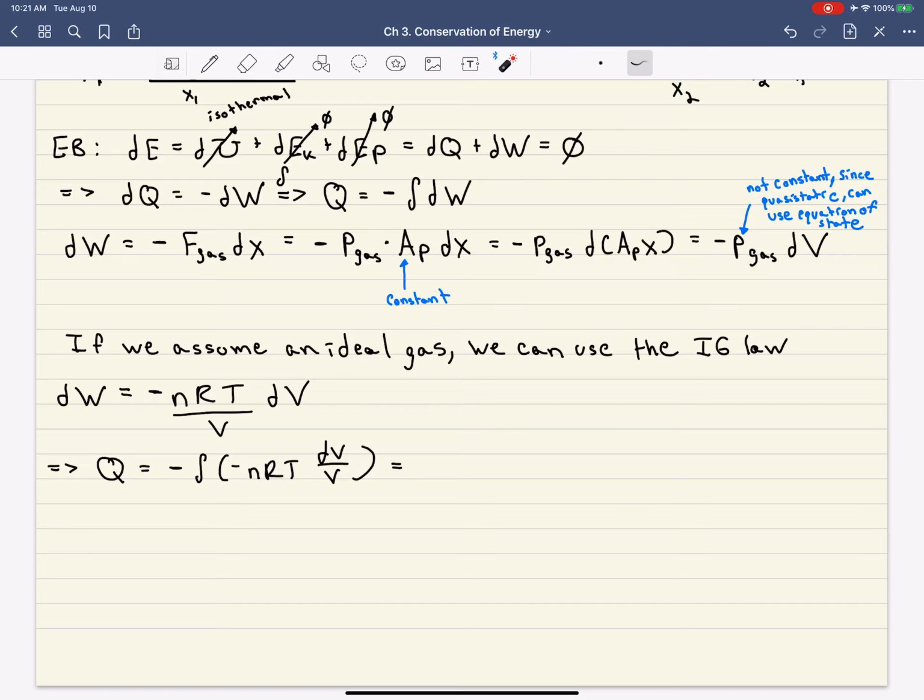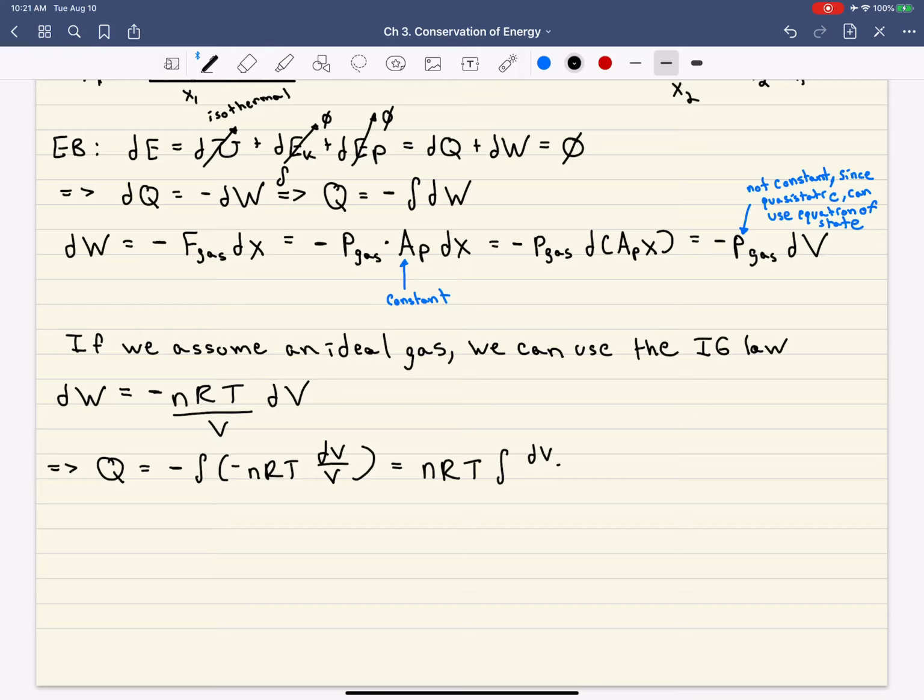We could also pull out things from the integral that are constant. The gas constant is a constant, so we can move that out pretty easily. The number of moles in our system is constant as well because we're dealing with a closed system. What's also constant is the temperature. We're dealing with an isothermal system, and so the temperature in our system is going to be constant as well.